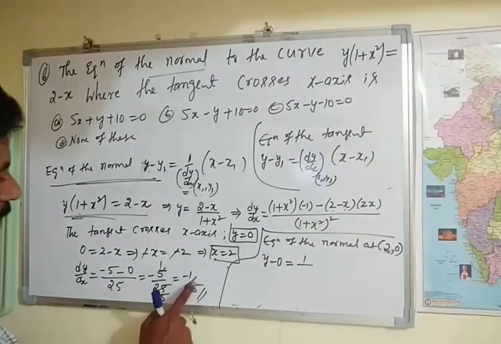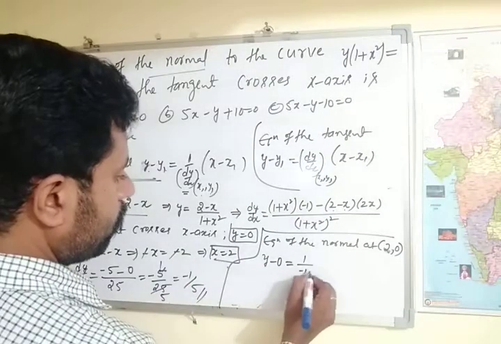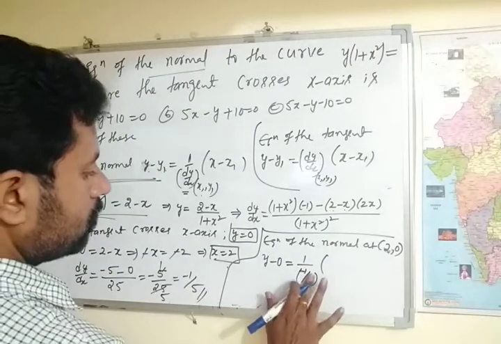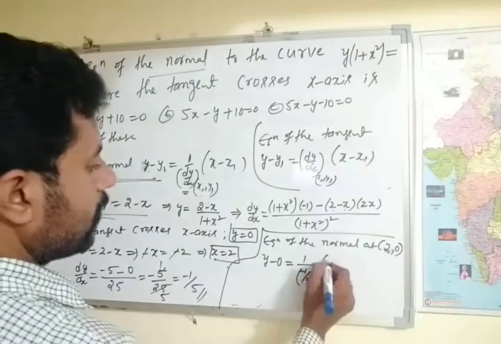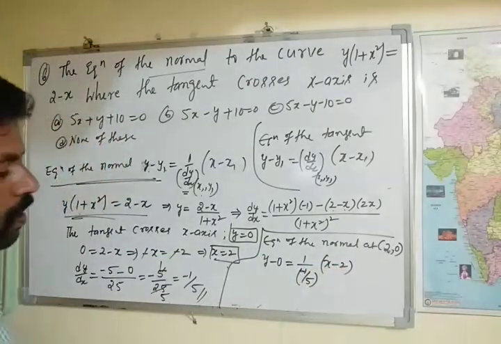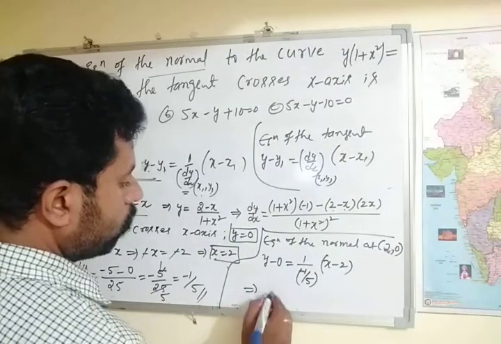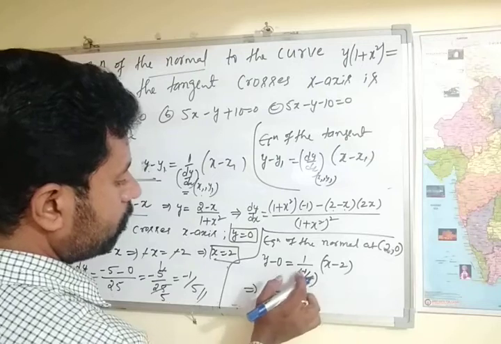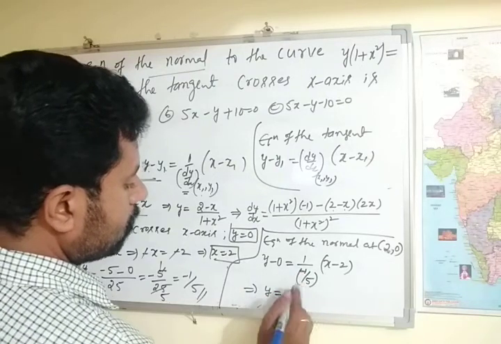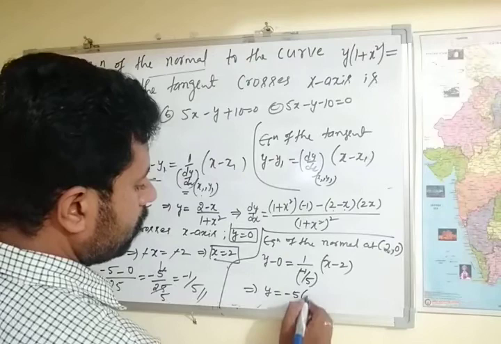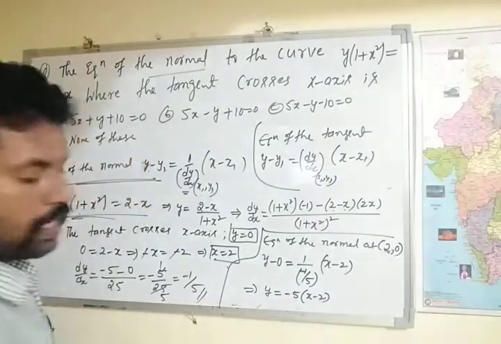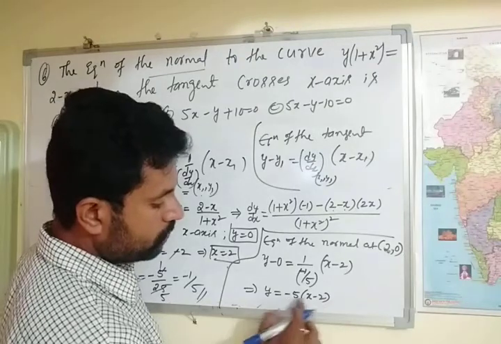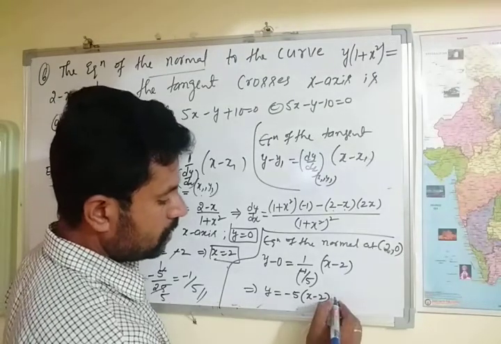dy by dx is minus 1 divided by 5, into x minus 2. Next step, this implies y is equals to, writing the reciprocal form, minus 1 by 5 becomes minus 5, into x minus 2. Then minus 5 into this factor term: minus 5x, minus into minus plus 10.